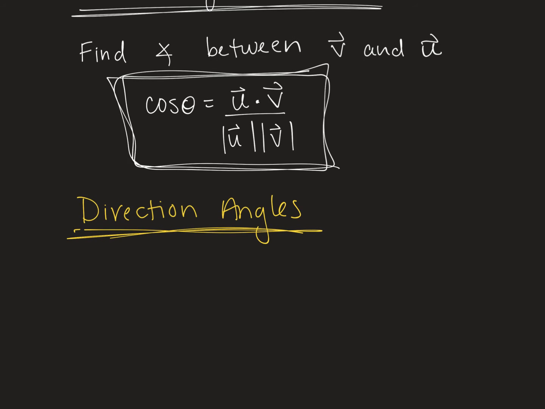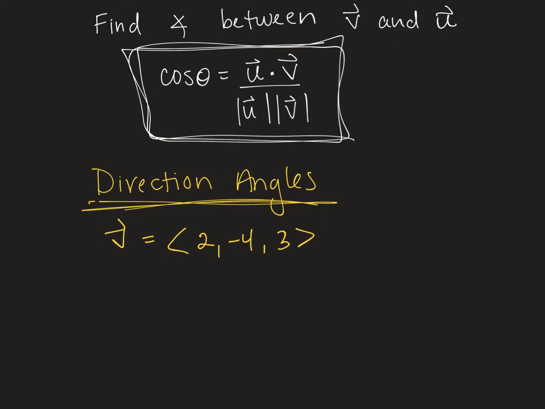Okay, so the direction angles, we have 3 of them. If we have a vector v in 3D, it has 3 direction angles.